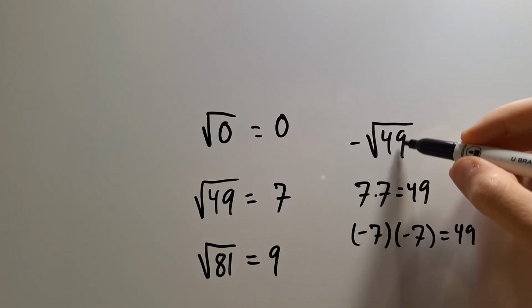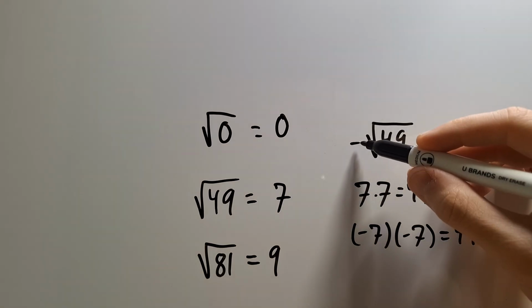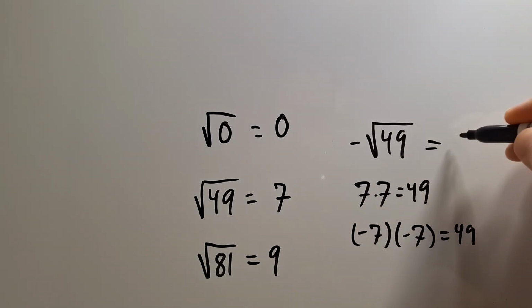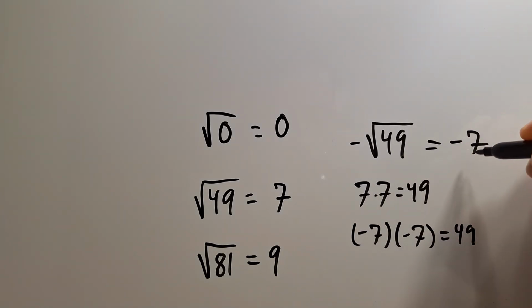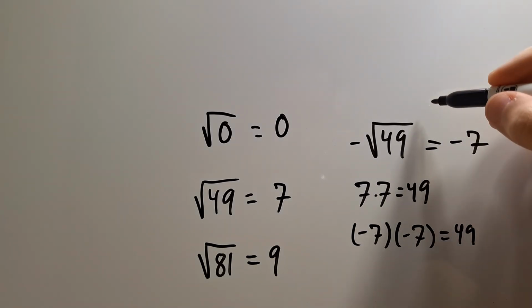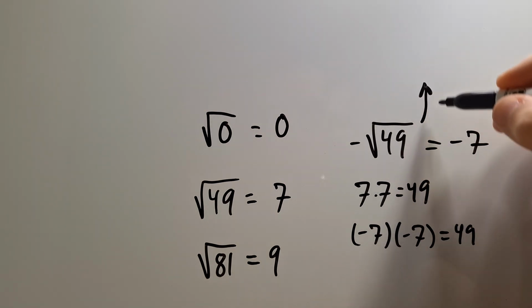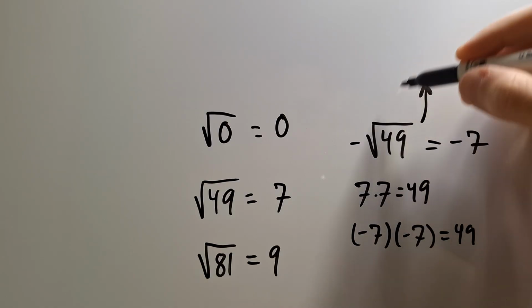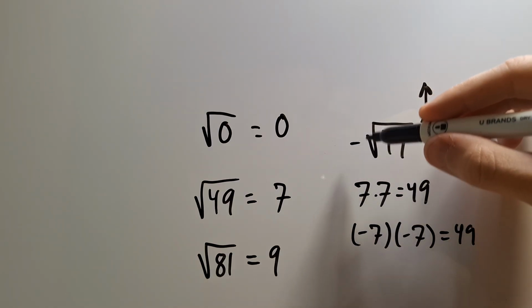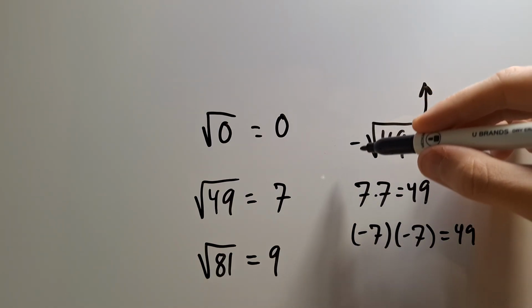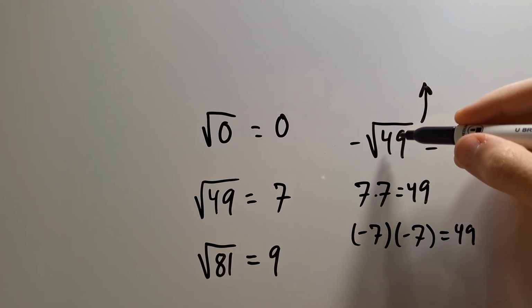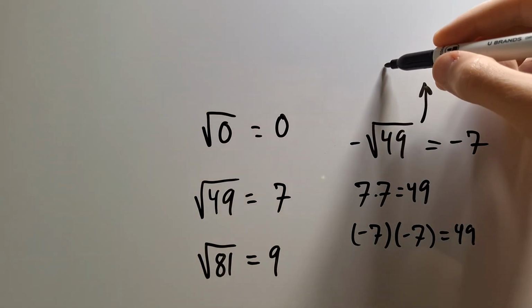Now, yes, the square root of 49 is 7, but this negative sign on the outside would indicate this would be our answer, because here's why. Yes, the square root of 49 is 7, but on the outside of this radical, there is a negative 1. Essentially, what you're doing to the square root of 49 is then multiplying it by negative 1.